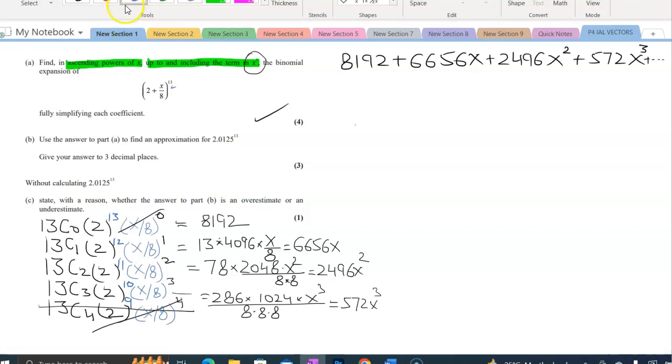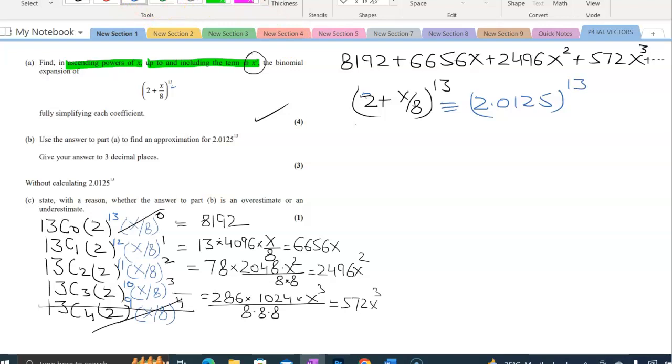So this was the value of 2 plus x over 8 to the power 13. And we have to calculate the value of 2.0125 to the power 13.